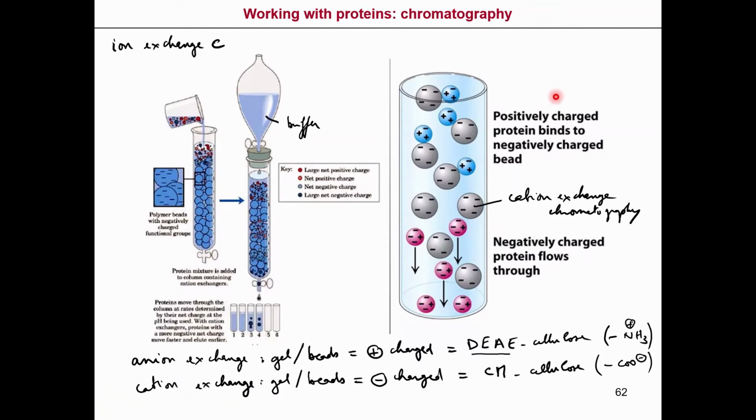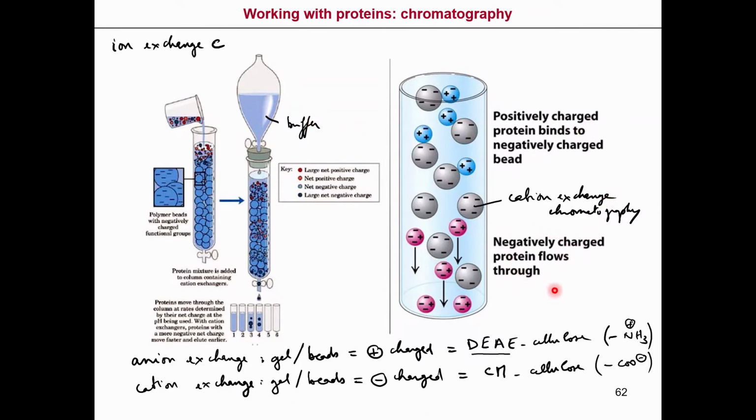When you have positively charged proteins, they will bind to the negatively charged beads. So they prefer to interact with the beads than to go with the buffer.